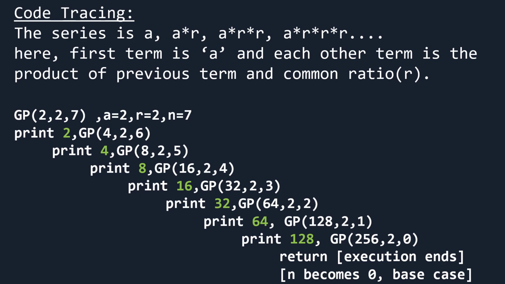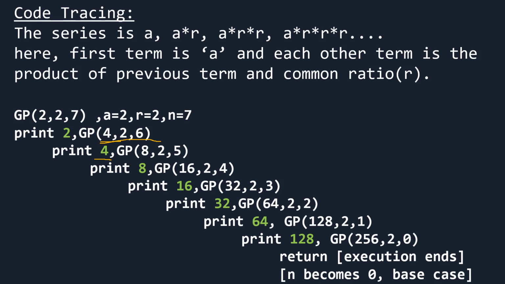So your first recursive call is like this. It will call gp with the values 4, 2 and 6. Now this call will print the value of a. Here a value is 4, so it will print 4 over here. And it will call the gp function again.